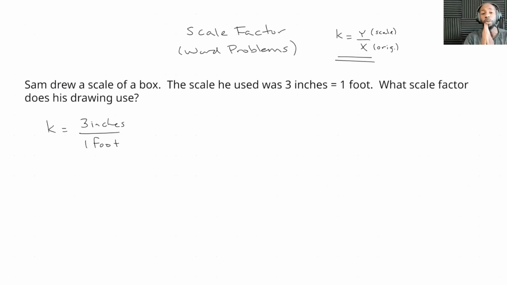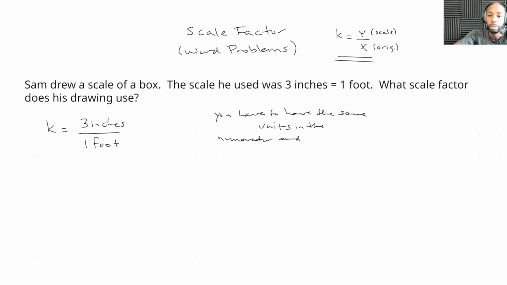Now, the key with converting this scale to a scale factor is you have to have the same units in the numerator and denominator. I wrote that kind of fast, so hopefully you follow what I wrote.